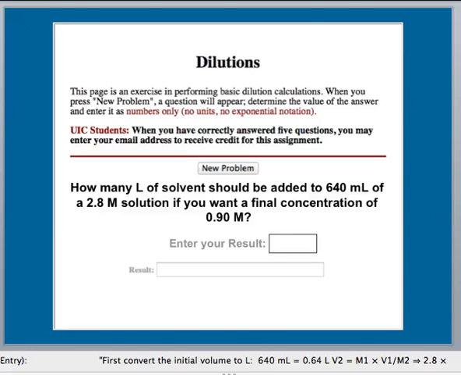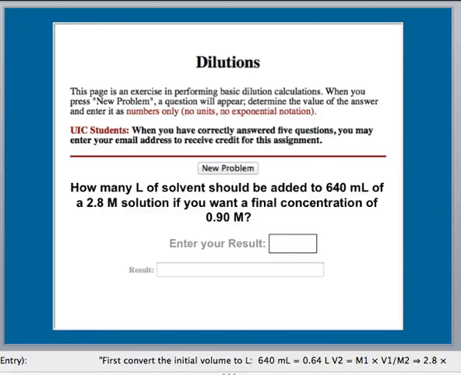So we are solving for volume. We have a concentration and a volume. We have a concentration. We will know our total volume, won't we?